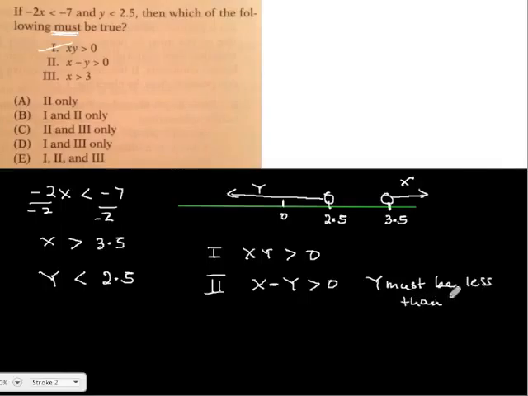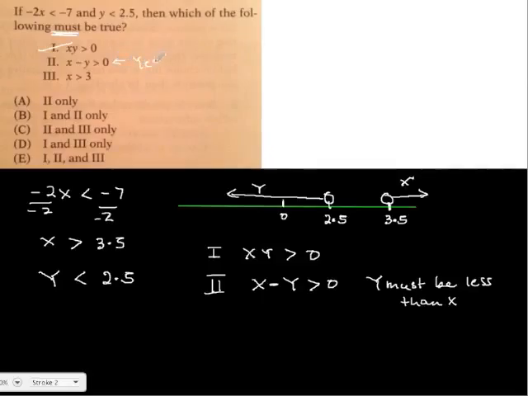And as the y numbers get smaller and smaller, we will always get a positive answer because x is going to get larger and larger. For this to be true, y must always be smaller than x. This is the condition: y must be less than x. And this is true.